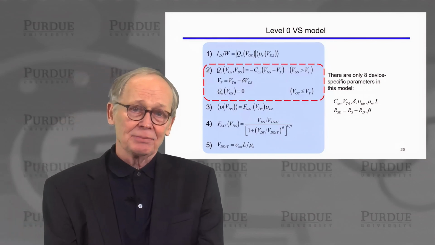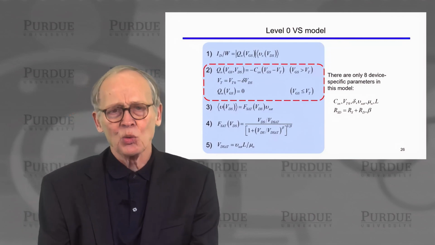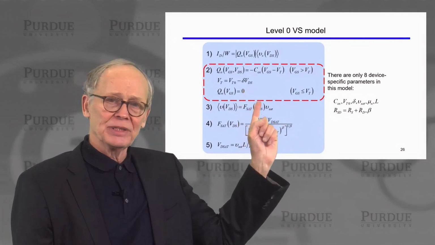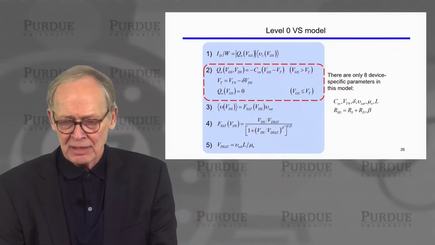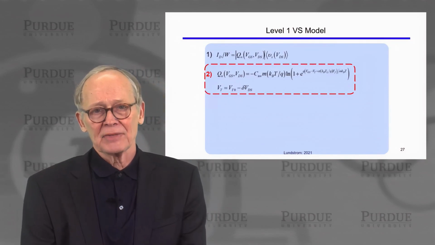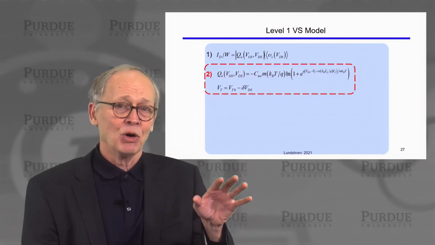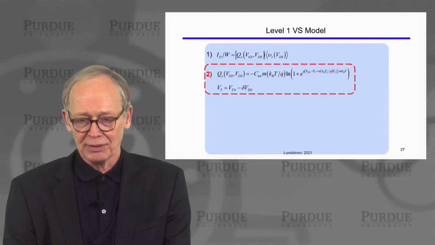Well, to end up Unit 3, we revisited our virtual source model. One of the things that we did is to extend it by no longer assuming that there was no charge when the gate voltage was below threshold. We could extend it with an empirical expression that correctly gives us, or approximately gives us, the right mobile charge below threshold and the correct mobile charge above threshold.